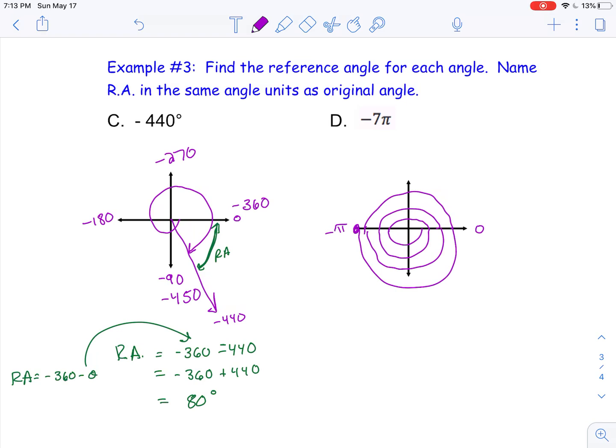So I land on an axis. When I land on an axis, I don't have a reference angle. So there's no reference angle here. Whenever you land on an axis, either the x-axis or the y-axis, you do not have a reference angle. That's a special case.